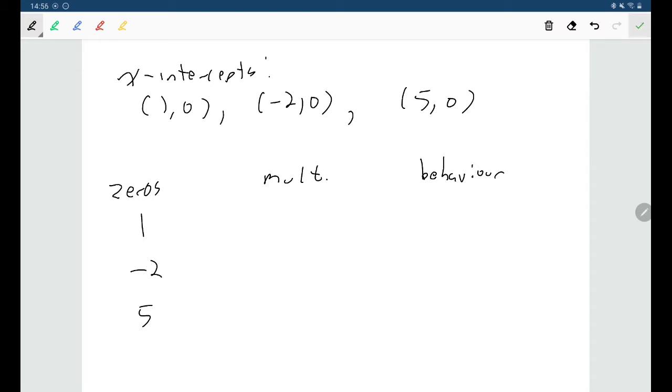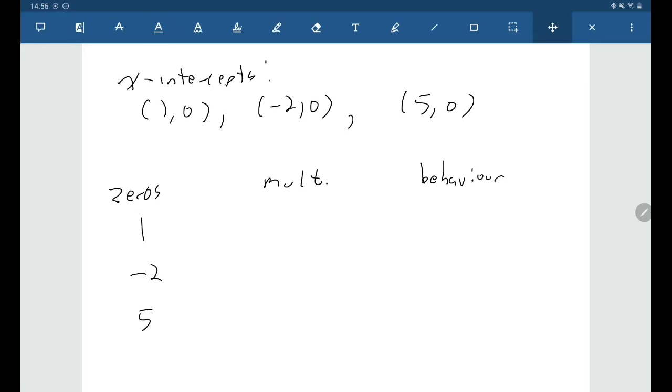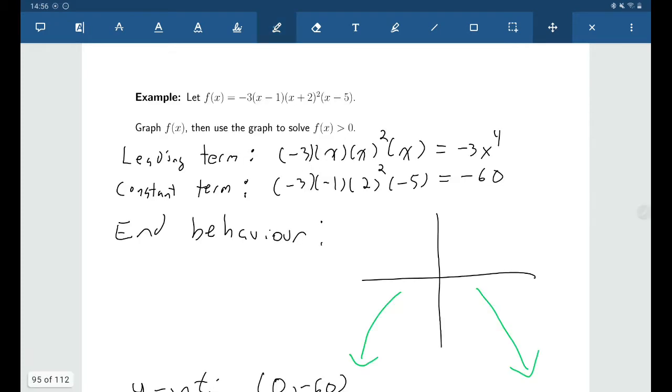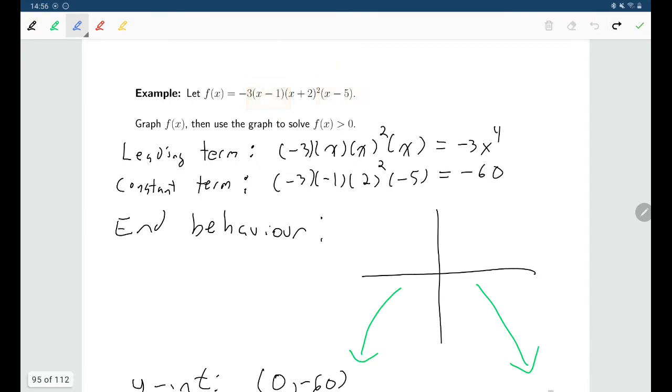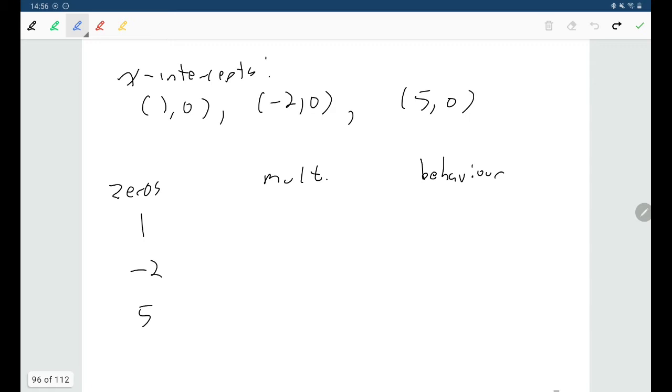And now we just need to go back and talk about multiplicity and behavior. For those x-intercepts, 1, -2, and 5, notice that x minus 1 and x minus 5 have odd multiplicity. So that means that you're going to cross at 1 and at 5.